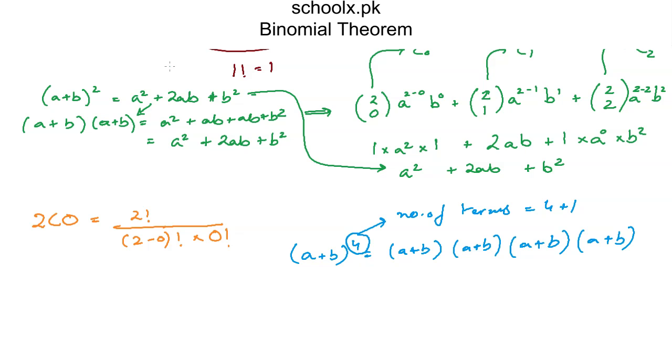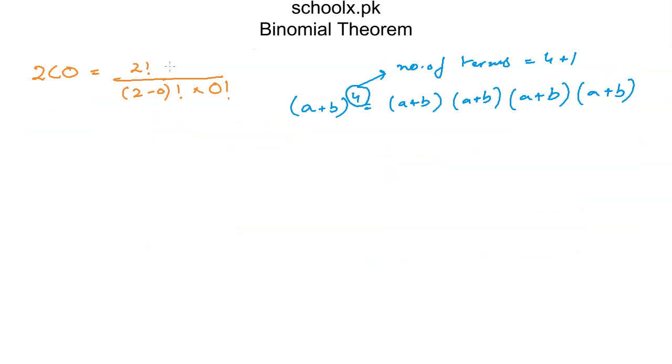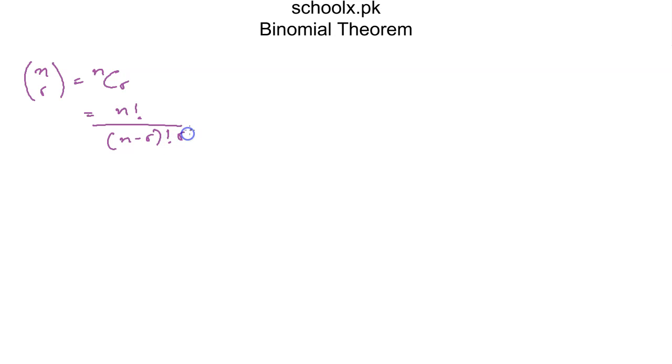Okay. So now how to use the binomial theorem? It's quite simple. First of all, you need to learn this formula, that this nCr is n factorial over (n minus r) factorial into r factorial.